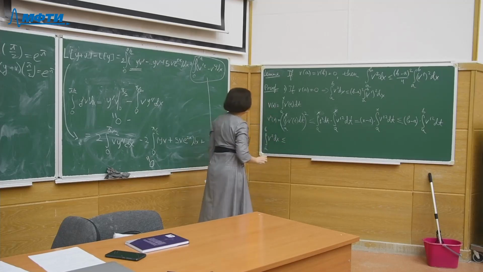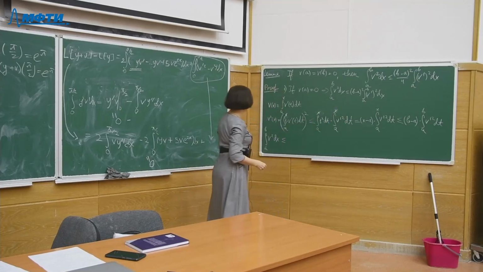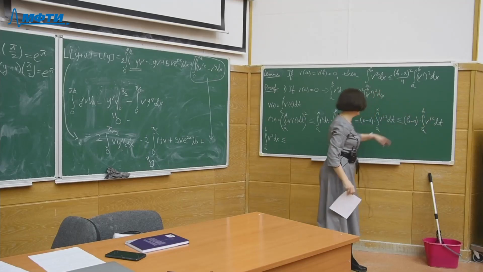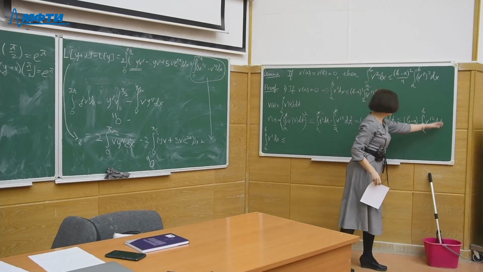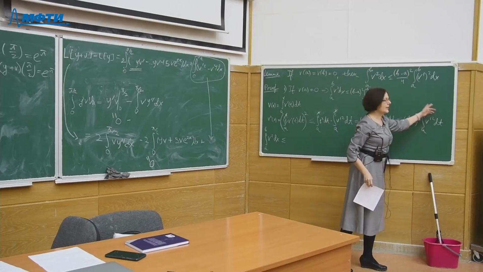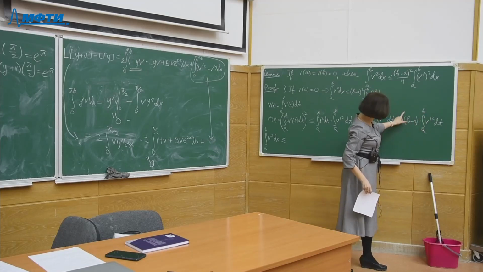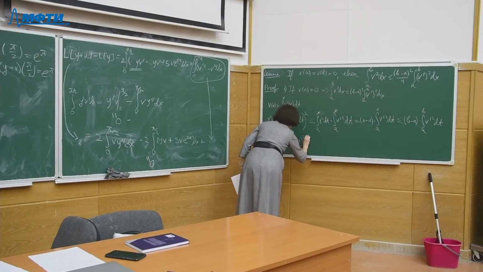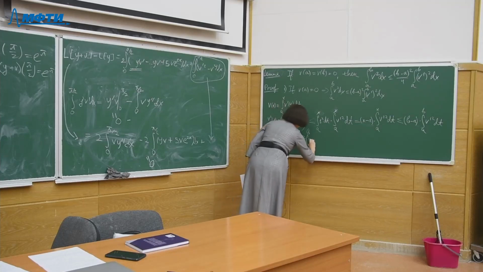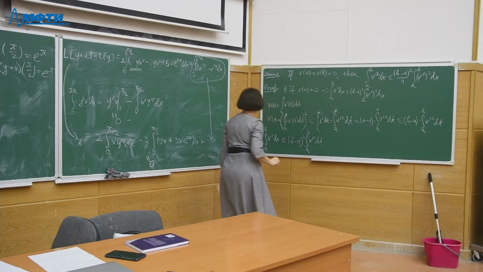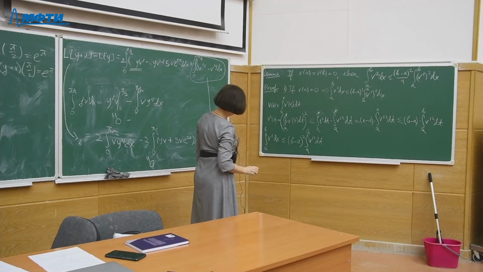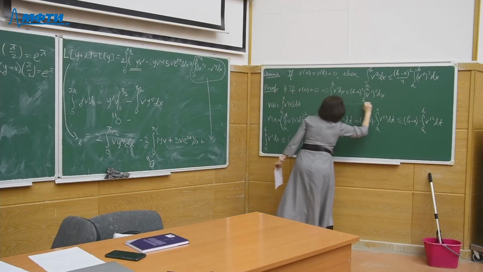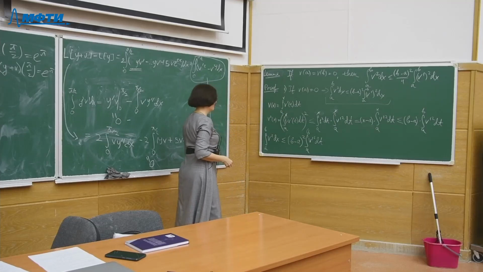Since this function is less than or equal to this constant, if I integrate the constant function I must multiply by the length of the interval, so it is less than or equal to (b minus a) squared times the integral from a to b of v prime squared dt. So this is just what I want. This statement is proved.